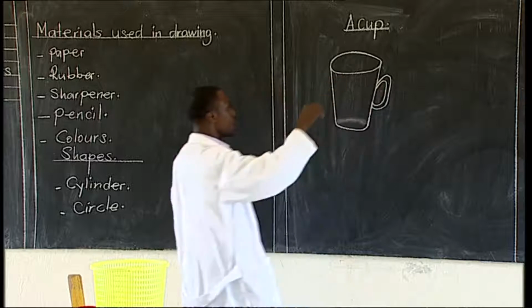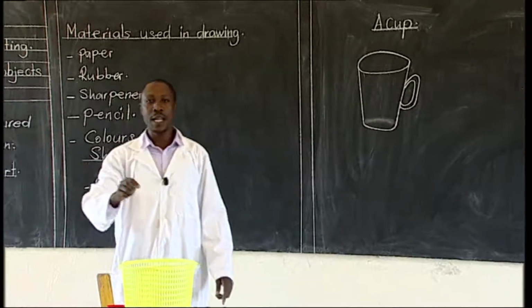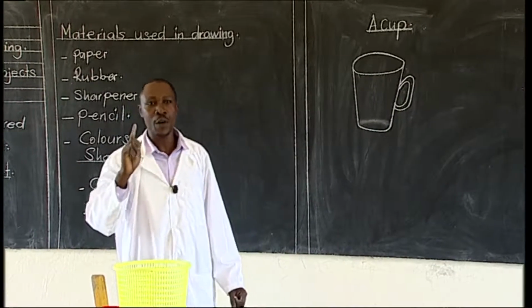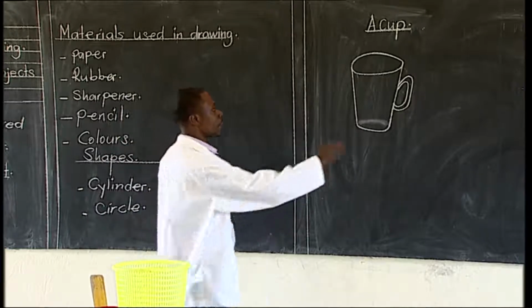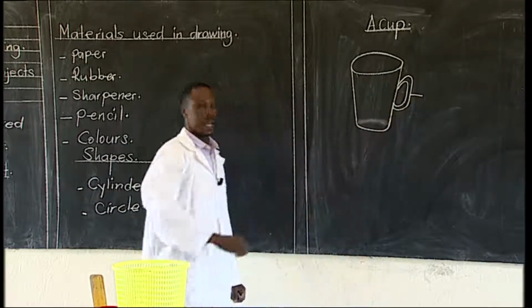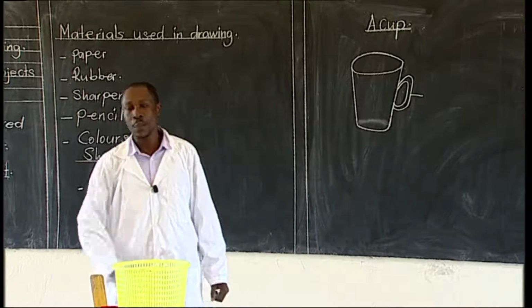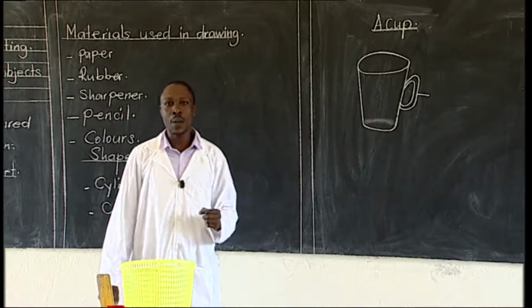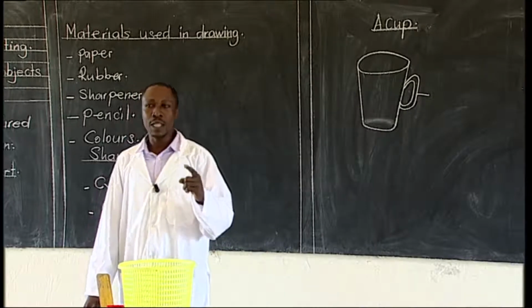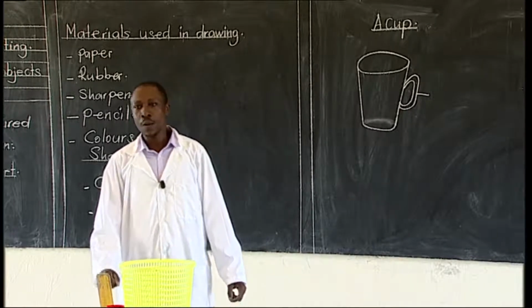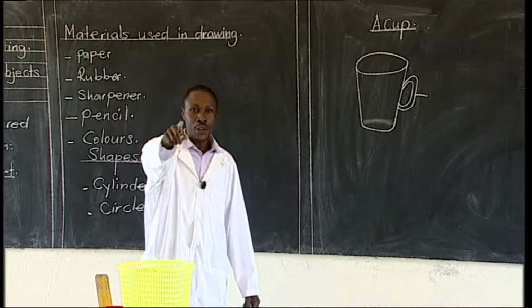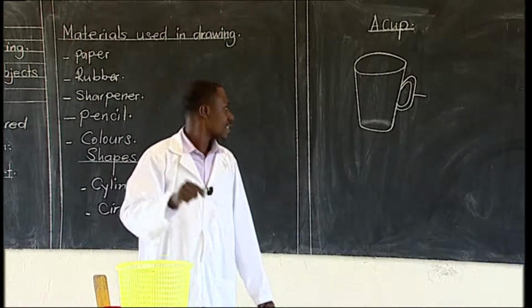Who can tell me the use of a handle on a cup? This one is a handle. I want a girl. Who can tell me? Good. Excellent. Marvelous. Clap for her.